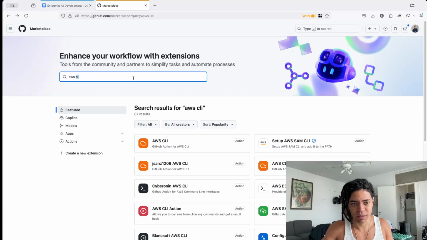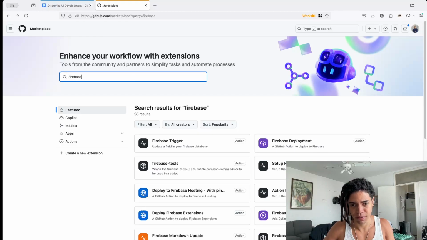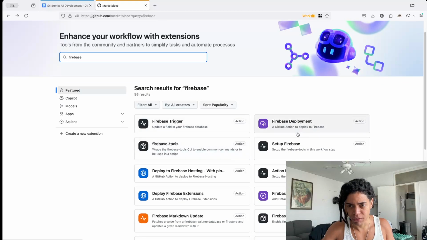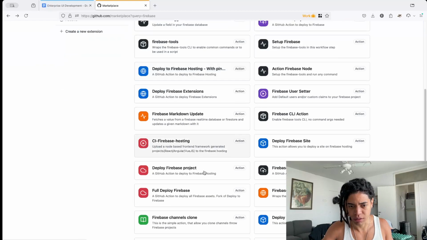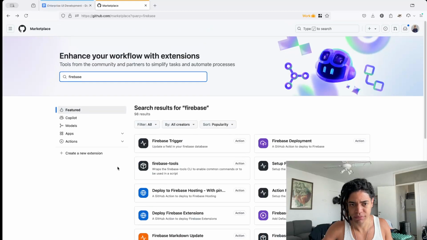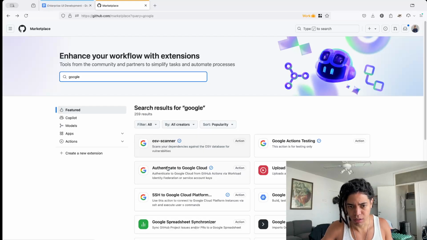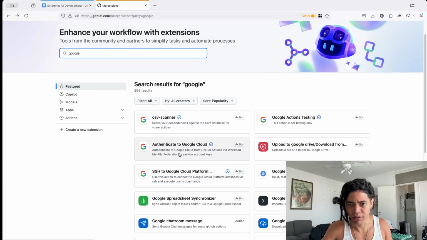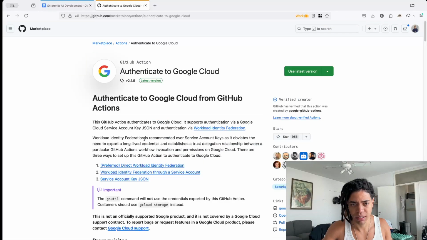Another good example is, for example, Firebase deployment, right? But then what about Google? Google Authentication Cloud, okay, Google Action Testing. So for example here, authentication to Google Cloud from GitHub Actions.